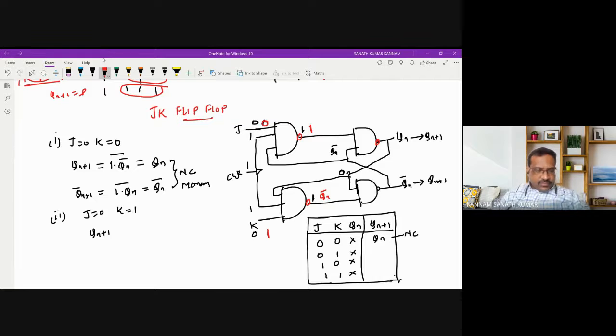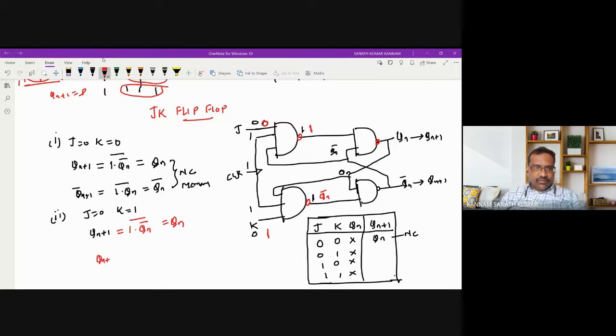Okay, so that means you can analyze Qn plus 1 equal to what? 1 into Qn bar whole bar equal to Qn. So that means you didn't get any output. If you are not getting any output, either 0 or 1, you need to check Qn plus 1 bar.